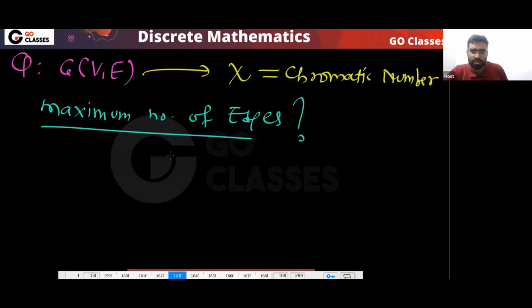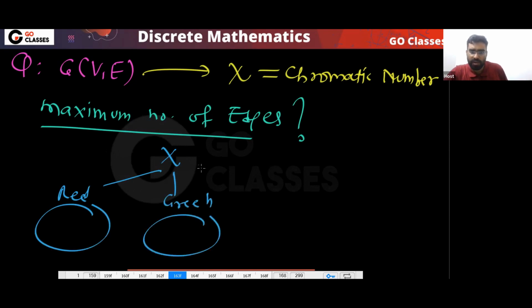Let's assume these are your color classes. For example, these are the red, and these are the green, and so on. If your chromatic number is this, then maximum how many edges can you get?